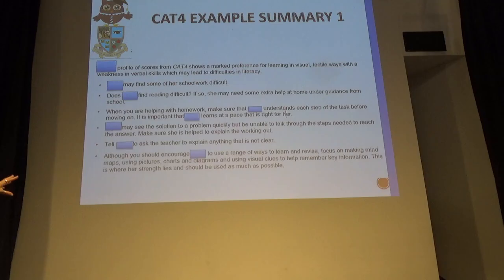It says that the child may not be able to talk through the steps that they took to solve a problem, which is why it might be useful for you to model talking through the steps to help them learn how to do that, because it's going to be a useful skill for their thinking.